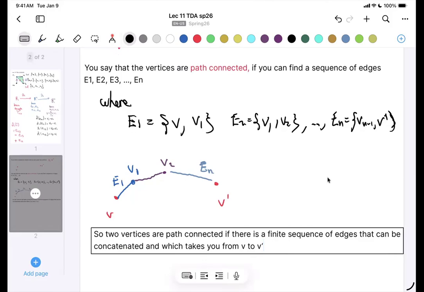So essentially, all I'm saying is that you can define an equivalence relation. The equivalence classes are called the path components.